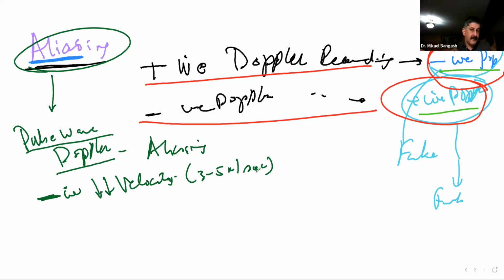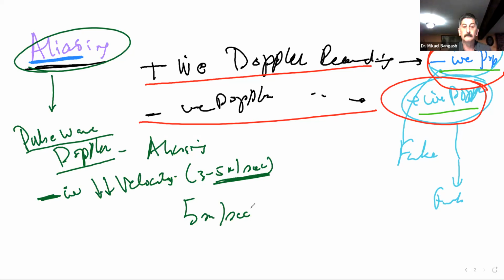Where we say that, for instance, if you are able to measure up to, let's say, 5 meters per second, well, that's going to be our max velocity that we are going to be able to record.